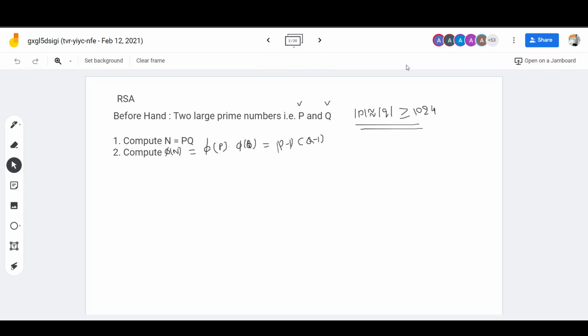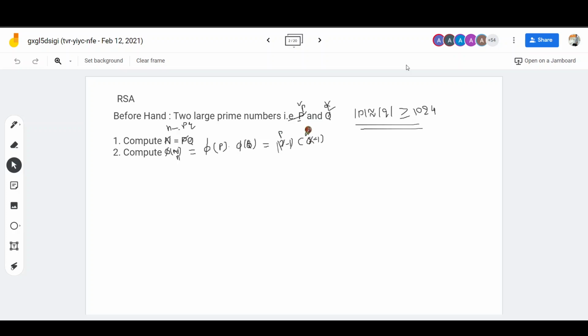Sorry, I used capital letters here; this is not the correct notation. You have to use small letters. In mathematics, capital letters are supposed to be used for sets only. So here this is also small n, small p, and small q.